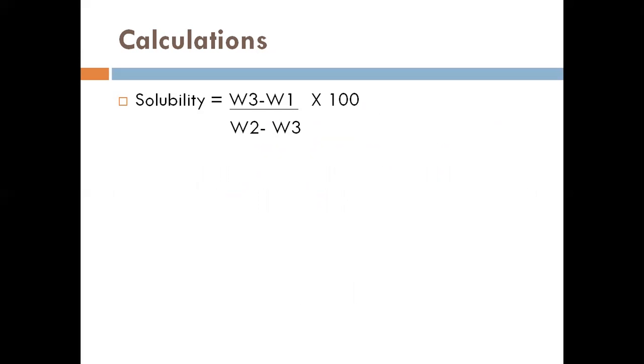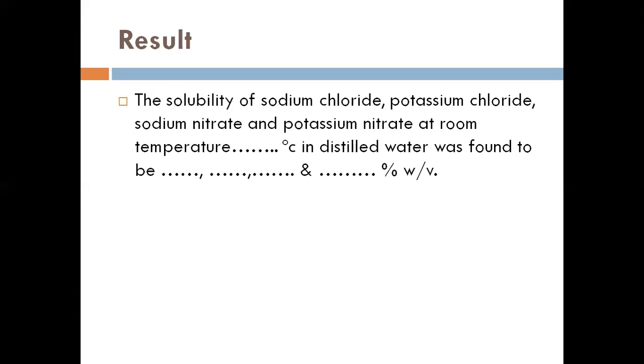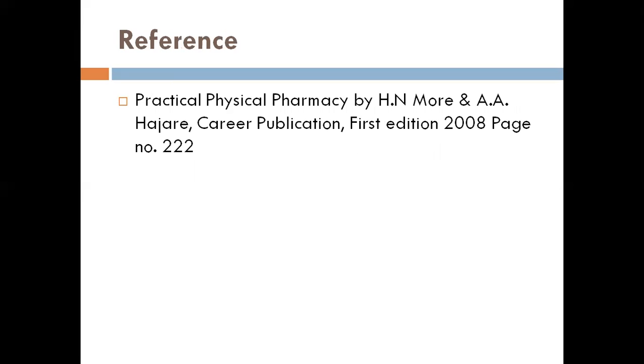By all the calculations, you can write the result in such a way that the solubility of sodium chloride, potassium chloride, sodium nitrate and potassium nitrate at room temperature in distilled water was found to be percent weight by volume. Thank you.